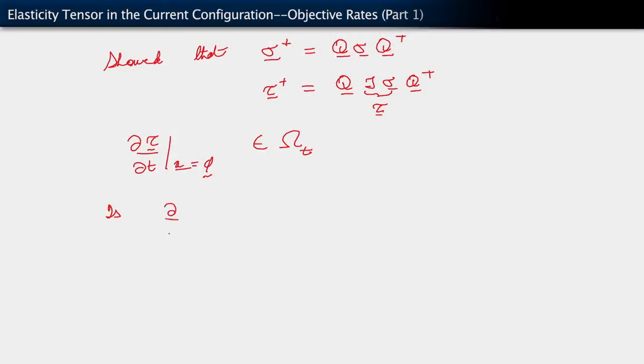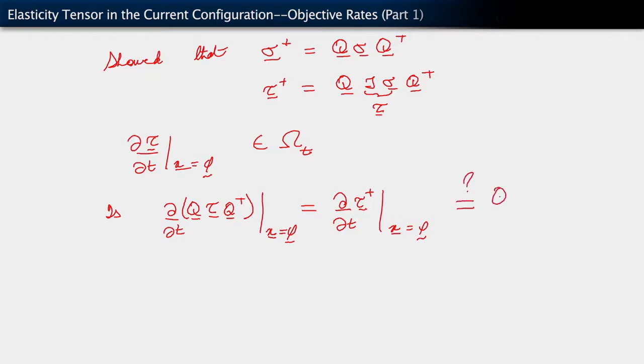If we take the material time derivative of Q tau Q transpose, which is the time derivative of tau plus, does this also transform objectively?